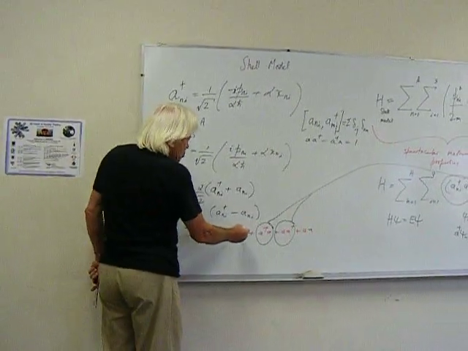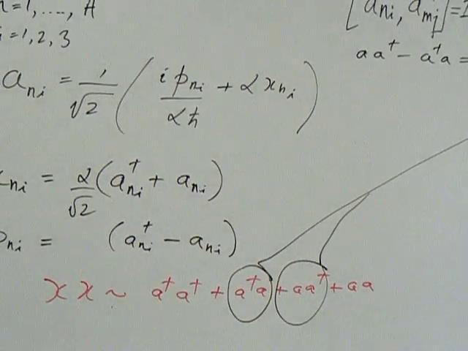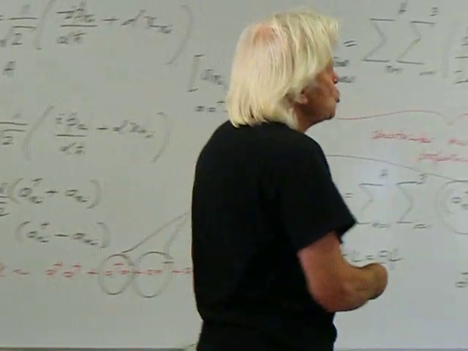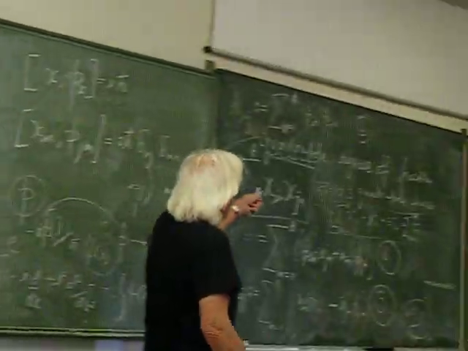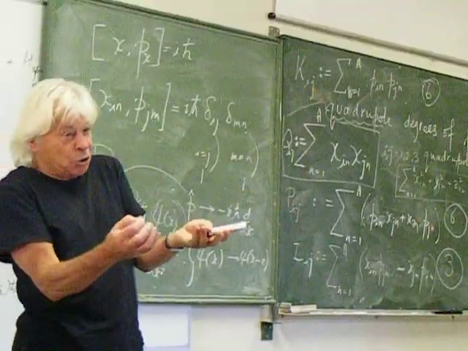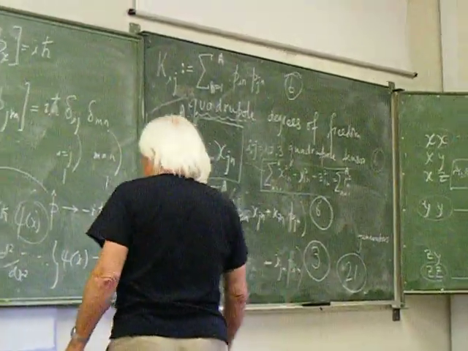But there are these a daggers, a dagger, and these a's, a. What is really going on here if I introduce these kinds of operators which are physically motivated to describe quadrupole degrees of freedom in the nucleus?